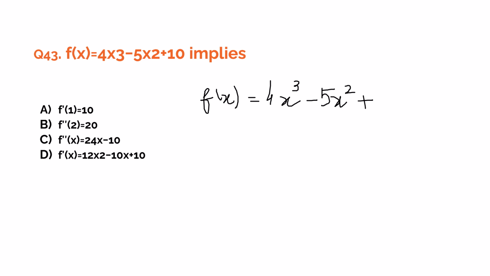We have to check which is the correct option. So let's first differentiate it and calculate f dash x first. That is 4 into 3, 12x square minus 10x.